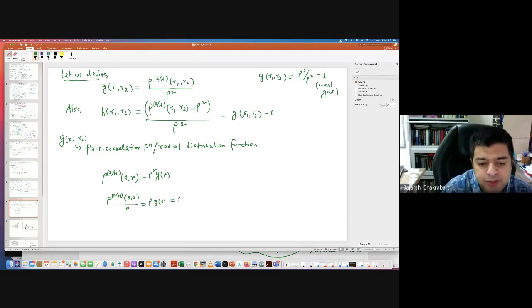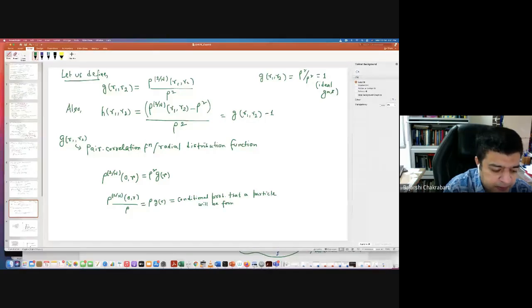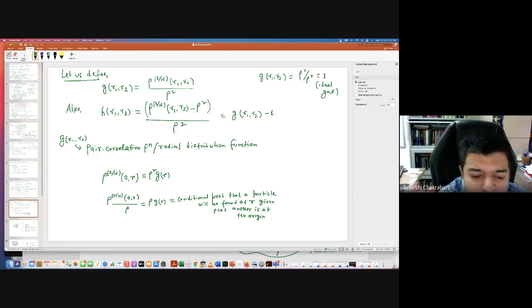This is actually the conditional probability that a particle will be found at R given that another is at the origin. Okay, so rho times G of R.